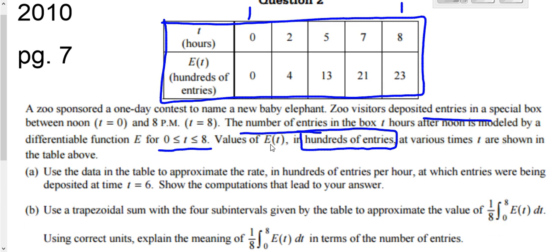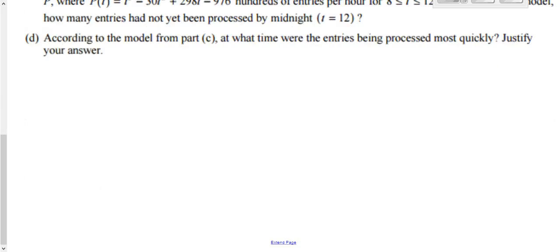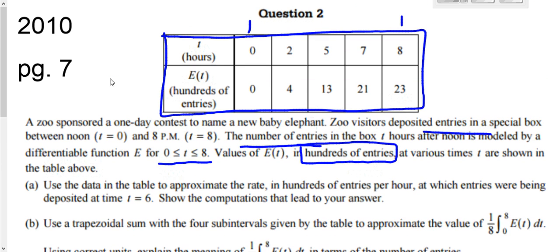Okay, so part A. If we want to use Kafka, then what do we know? Remember, this is a brief 2 to 3 word description. What is it that this table up here tells us? Well, when we read this problem, it tells us at 0, we have 0 entries.